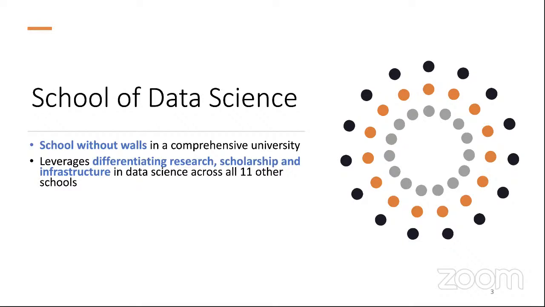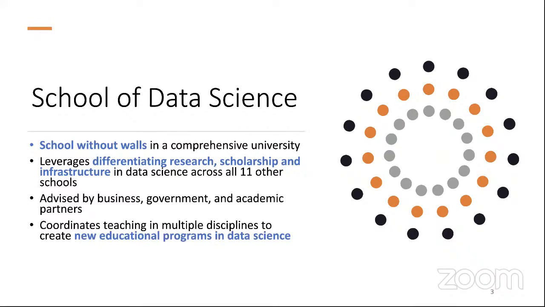And in doing so, we try and leverage the research and scholarship of those other schools that we have at UVA in order to create a set of data science programs and to conduct research in data science. We've been advised by business, government, and academic partners, and that's what's given us a sense of what data science should be in the world that expands these areas: business, government, and academic institutions.